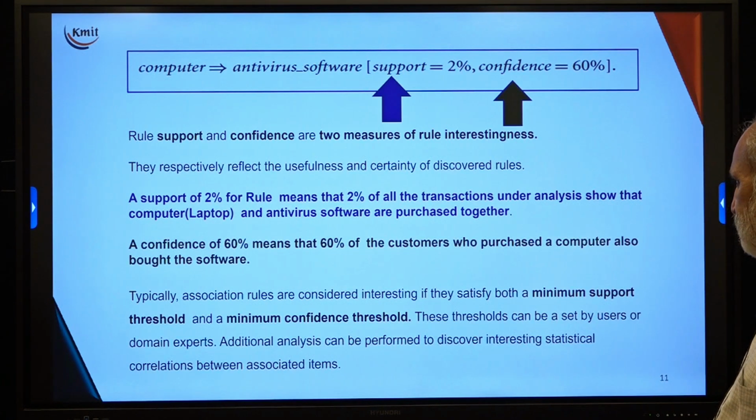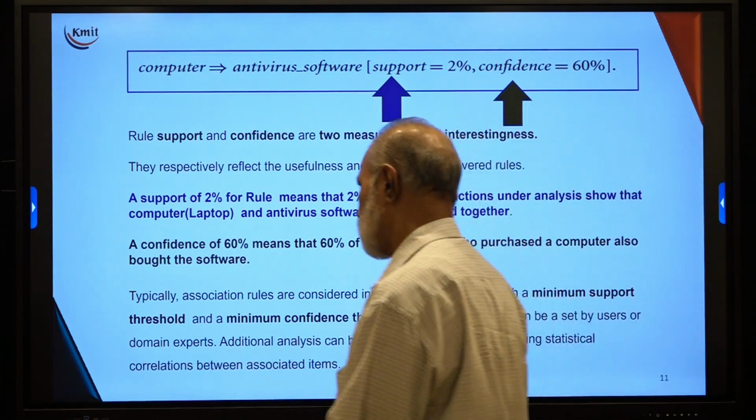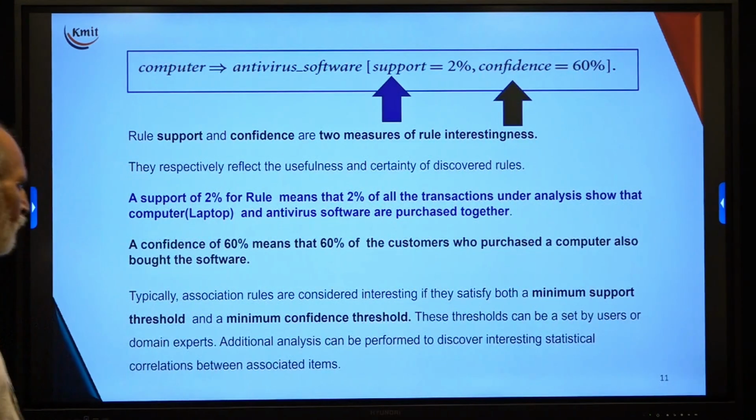2% simply says that out of the many transactions happening, at least 2% of the total transactions will be purchased together. And a confidence of 60% means that 60% of the customers who purchase a computer also bought the software. These two measures are very important in association mining.